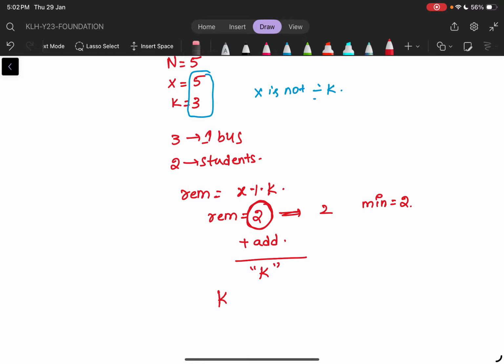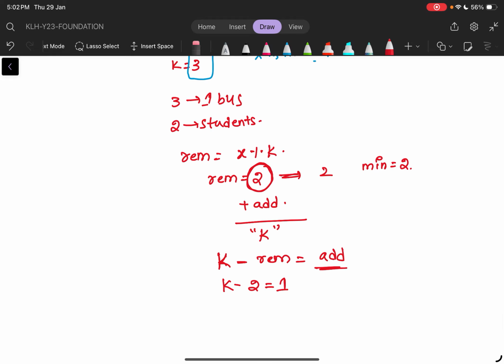By the formula k minus remainder, which gives the number of students to be added. So k minus 2 will be 1. So here we have the option of convincing these 2 students not to go, or we can add one student so that we can accommodate the other 2 students. In this case the minimum will be 1.